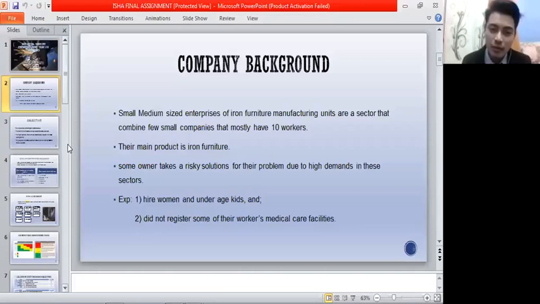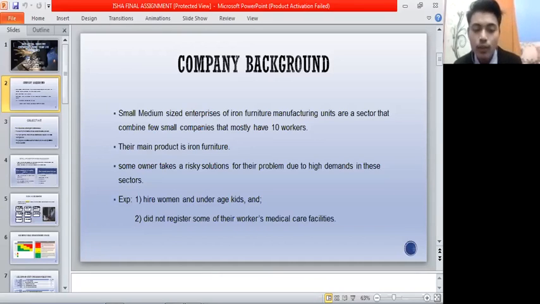Okay, for company background, there are three types: small and medium-sized enterprises of iron furniture manufacturing units, combined from a few small companies that mostly have 10 workers. Their main product is iron furniture, which is dangerous as it involves welding sets, grinders, and anything related to iron work.